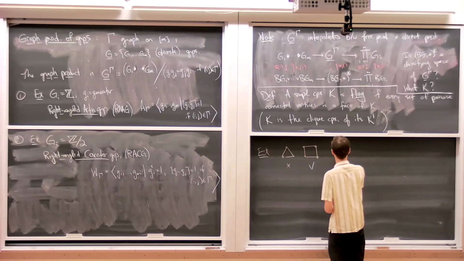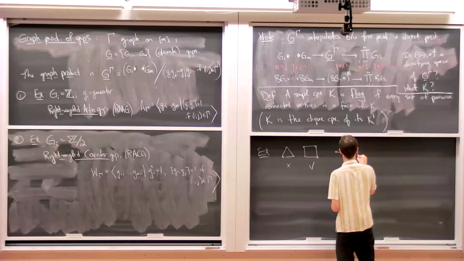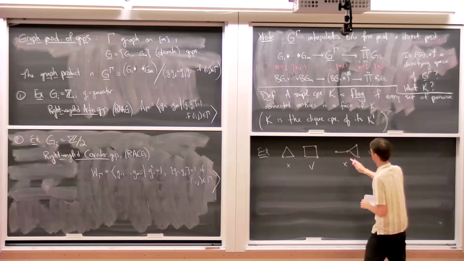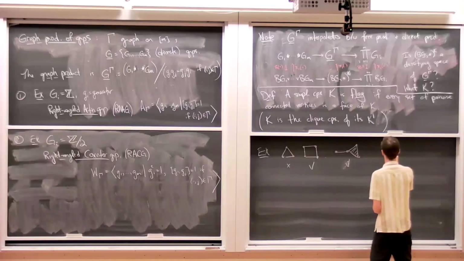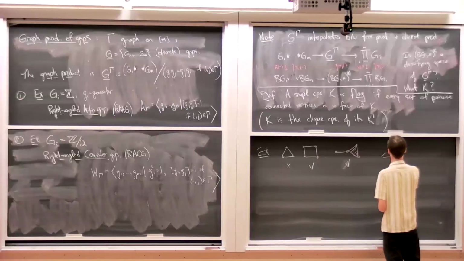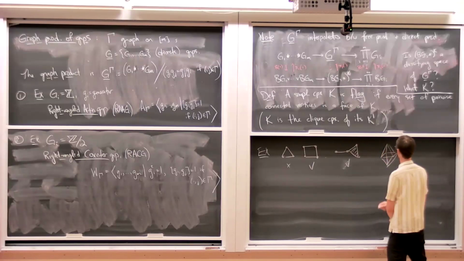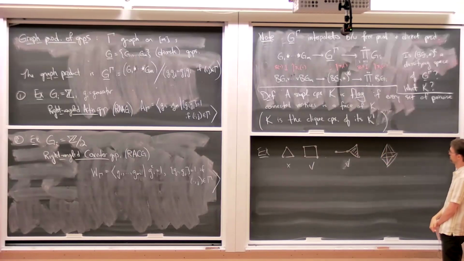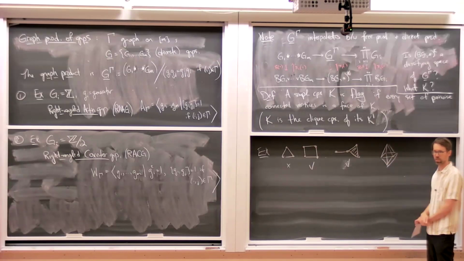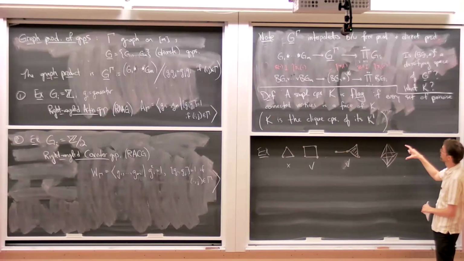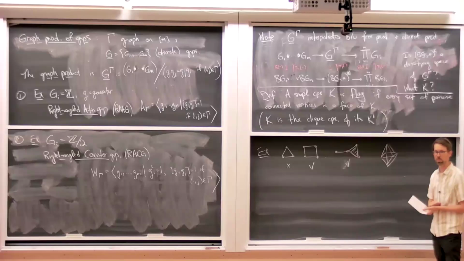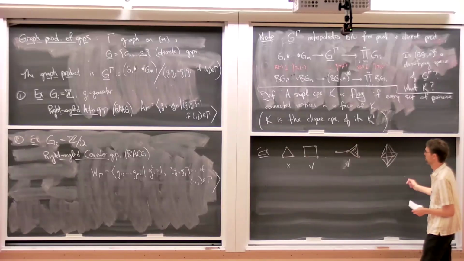Or this is not flag, but I could make it flag adding a two cell, or, sorry, I'm thinking of it as a two-dimensional simplicial complex. That would be flag, right? The way of saying this is all of your minimal missing faces have size 2. So that's definitely the case here.